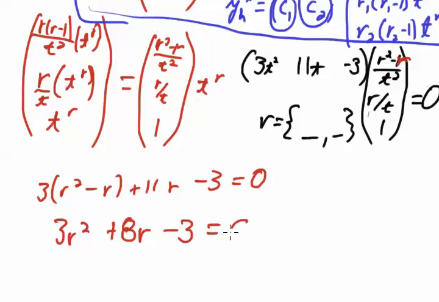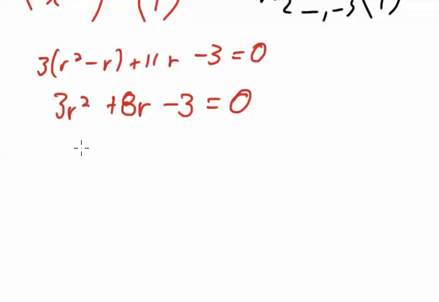I want two numbers whose product is -9 and whose sum is +8. That suggests to me a 9 minus 1.